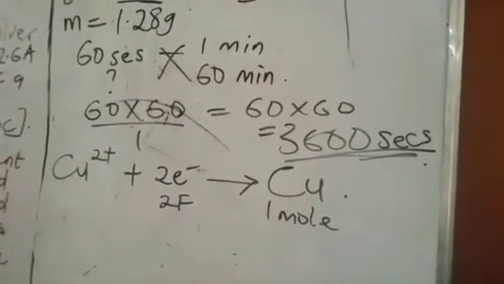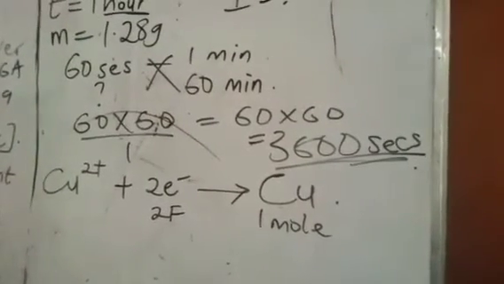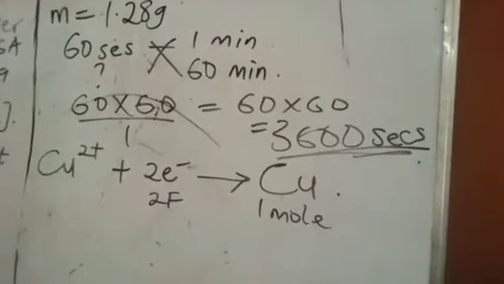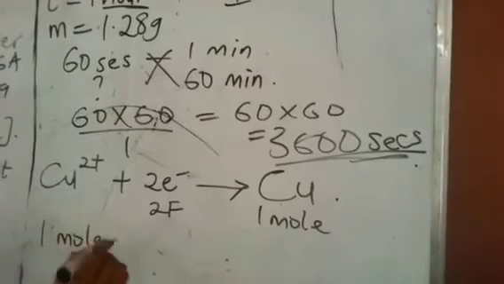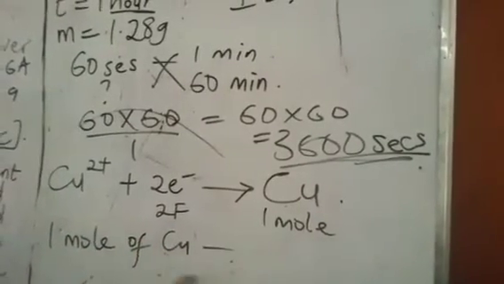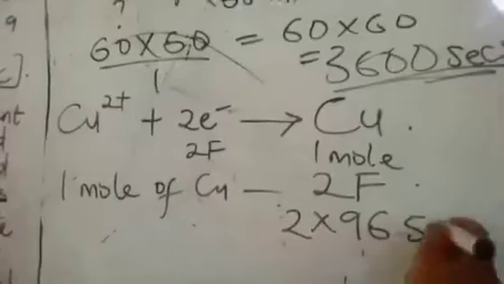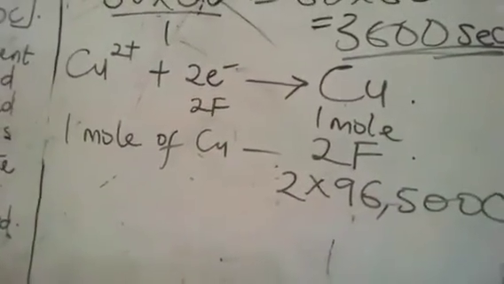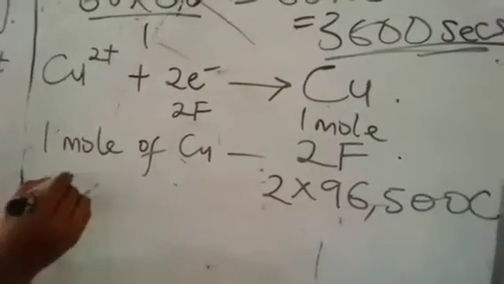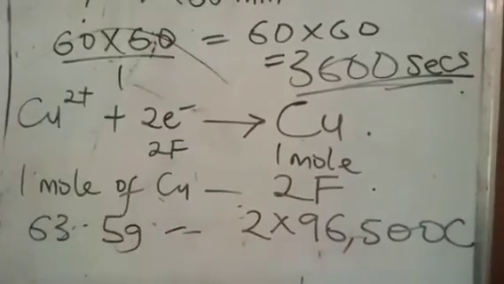And we know that 1 mole of copper here is 63.5 and 1 Faraday is 96,500 coulombs. Now, if 1 mole of copper was formed using 2 Faradays, and of course 2 Faraday is 2 times 96,500, while 1 mole of copper is 63.5 gram.